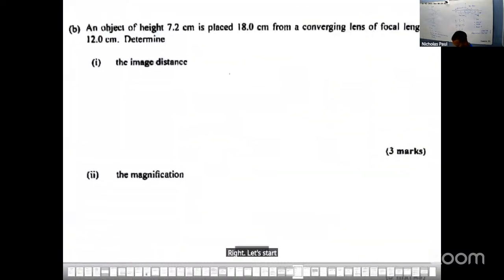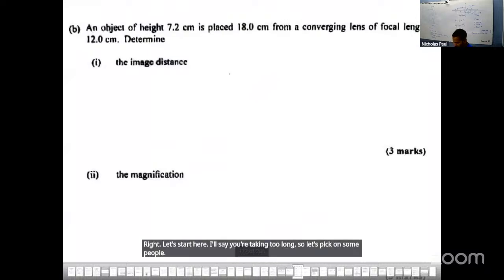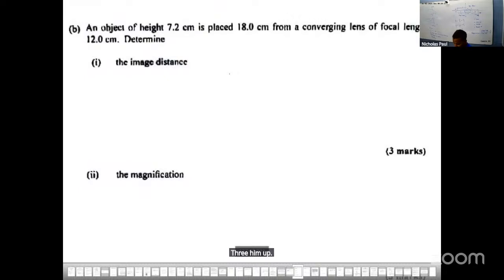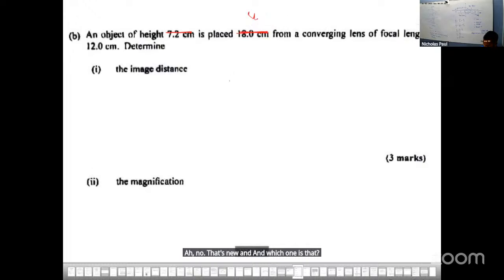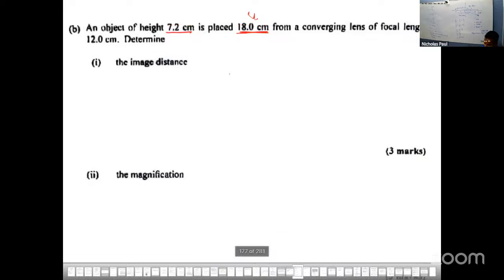You're taking too long, so let's pick on some people. This is the object height. This 18 centimeters is what letter? What's that 18 centimeters? No, that's U. F is 12.